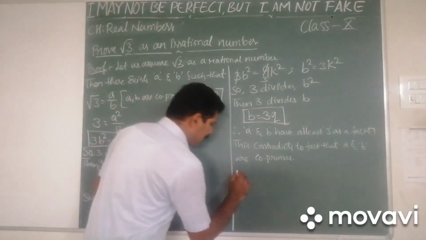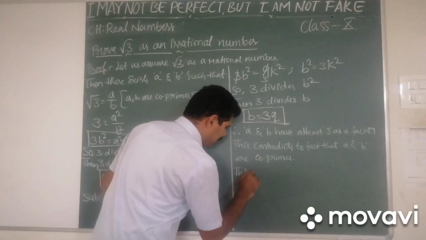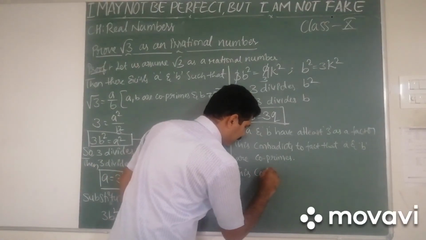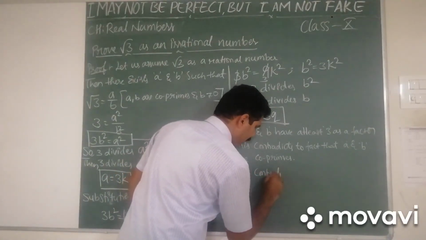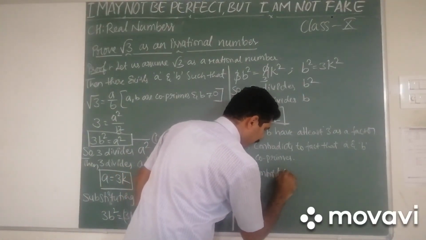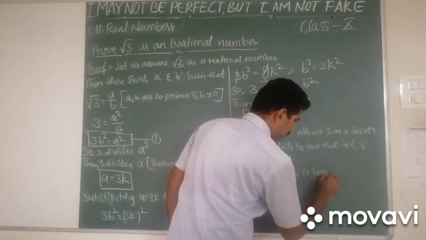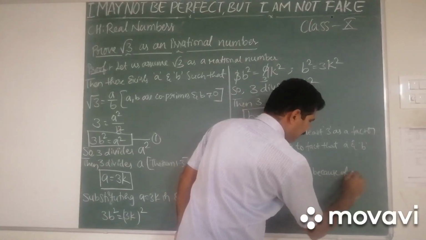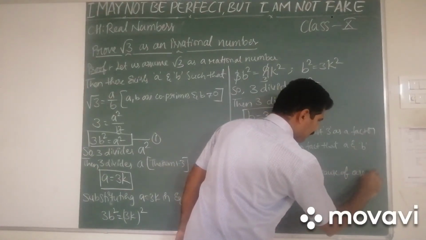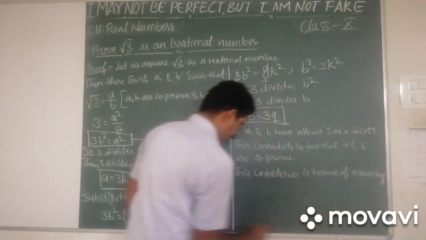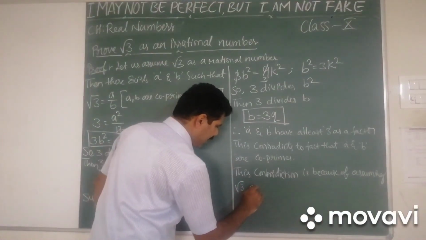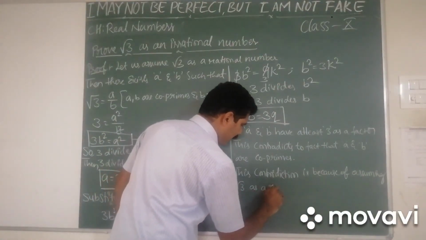This contradiction is because of assuming root 3 as a rational number.